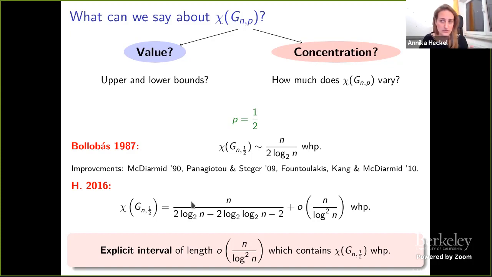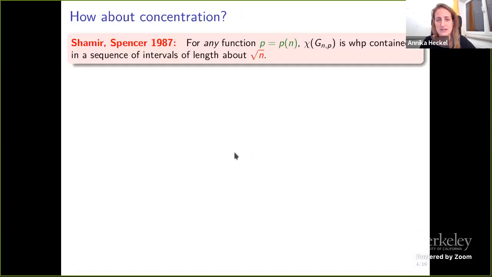The starting point for concentration type results for the chromatic number is the classic result by Shamir and Spencer. Also in '87, they showed that for any p, the chromatic number of G(n,p) is contained in some interval of length about root n.